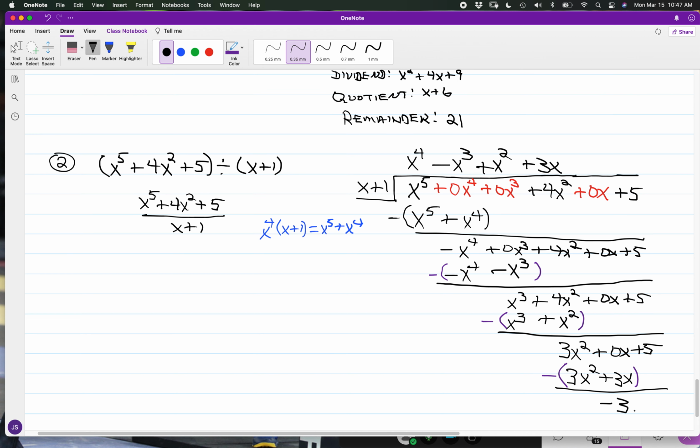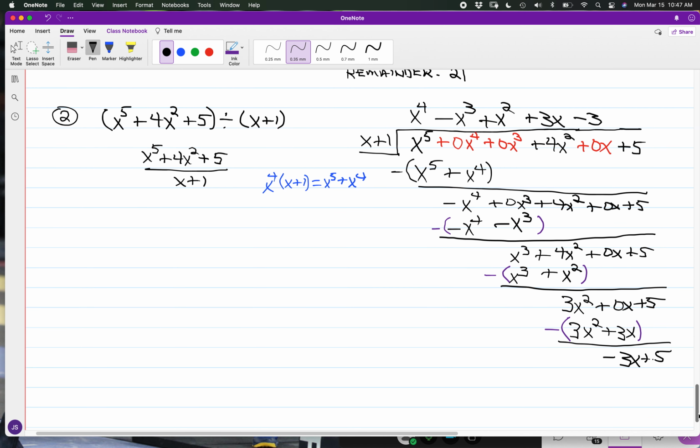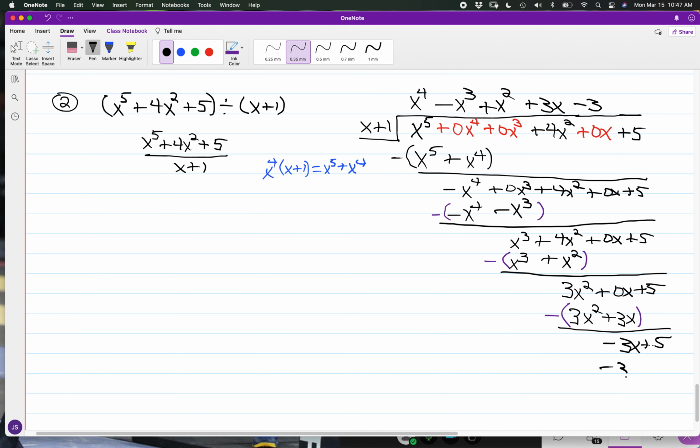So we've got negative 3x plus 5. And x will go into negative 3x, negative 3 times. So you have negative 3x minus 3. And since you're leading up to the final stages here, negative 3x plus 3x goes out. 5 minus negative 3 becomes positive 8.